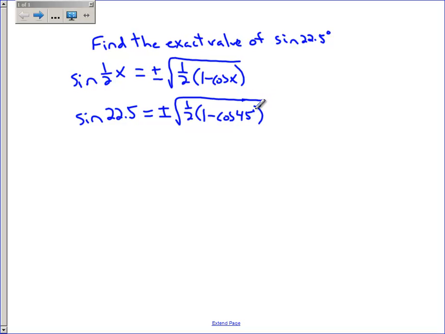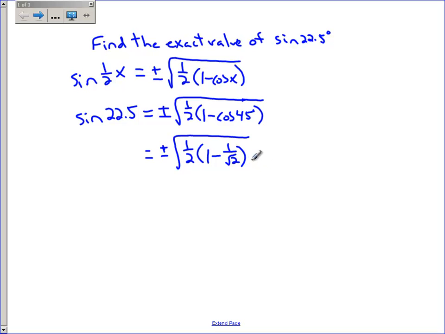And I can do that. Now it's going to be a square root, but you saw on your calculator, if you happen to type that in, you're going to get an irrational number, and square roots of non-perfect squares are irrational. We're going to deal with this plus or minus in just a second. So we know the cosine of 45 degrees, of course, is 1 over the square root of 2. So this is going to be plus or minus the square root of 1/2 times 1 minus 1 over the square root of 2.